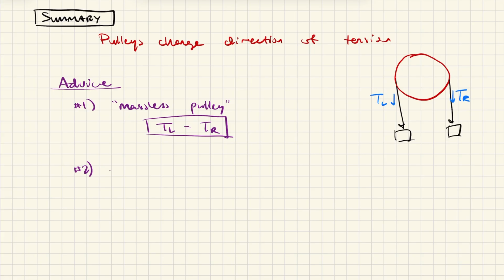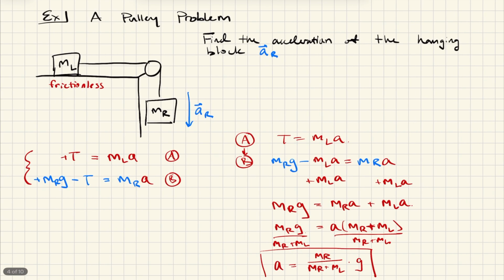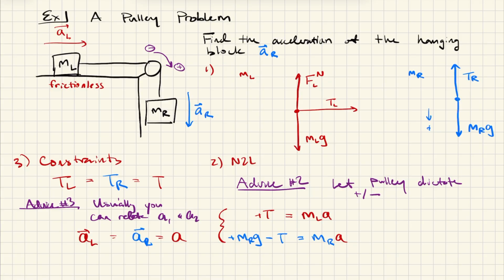So when going from FBD to Newton's second law, let the pulley dictate positive, negative directions. For example, in this problem, we know that the pulley can only rotate clockwise or counterclockwise.